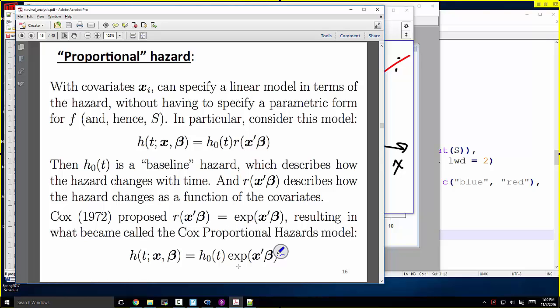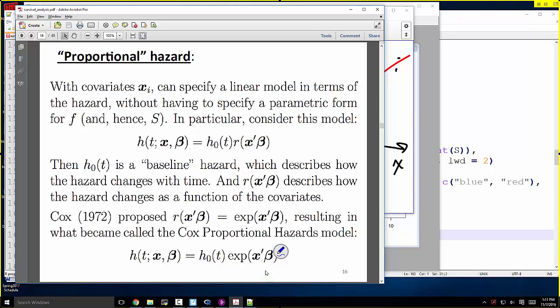That results in this model, and this is called the Cox proportional hazards model. It says hazard at time t for an individual with covariates x is equal to the product of a baseline hazard at time t and some factor that only depends on the covariates. The baseline hazard depends on time, but not the covariates. The other piece depends on the covariates, but not time.